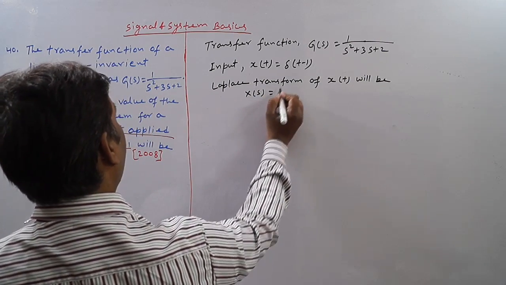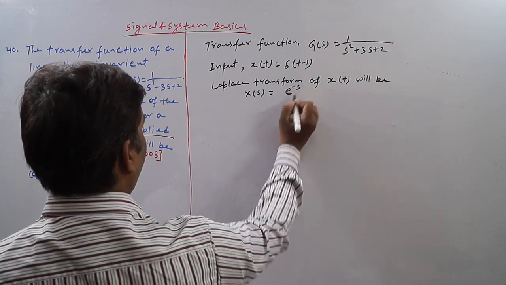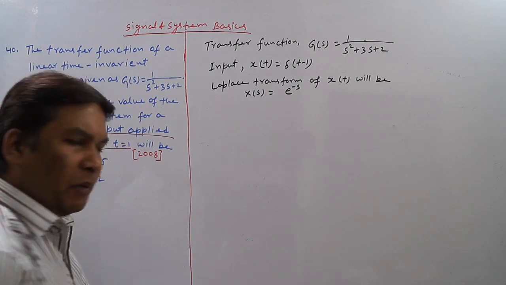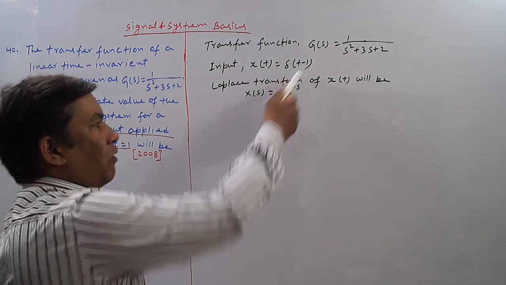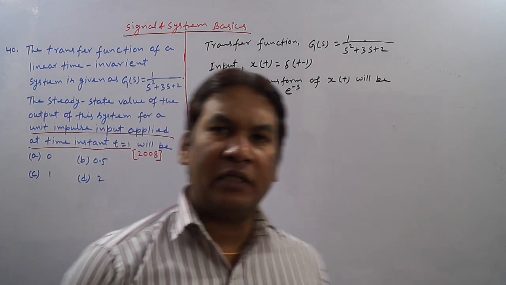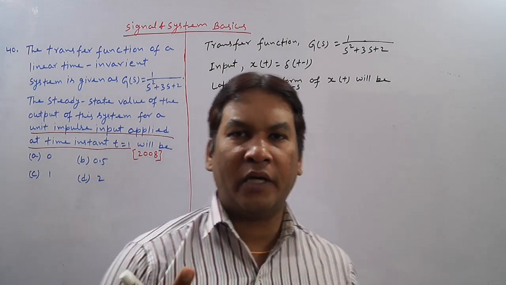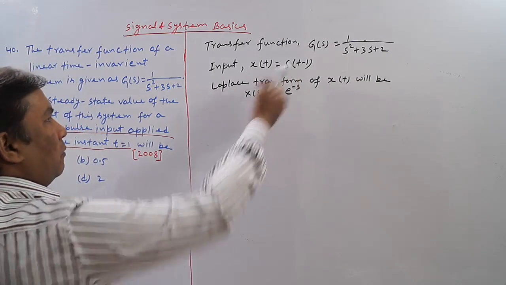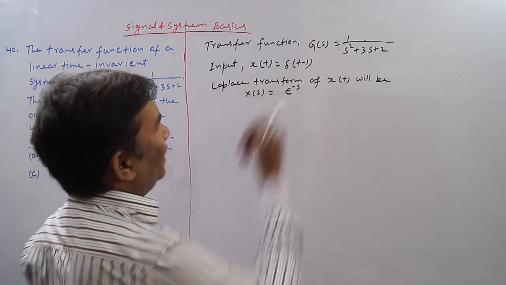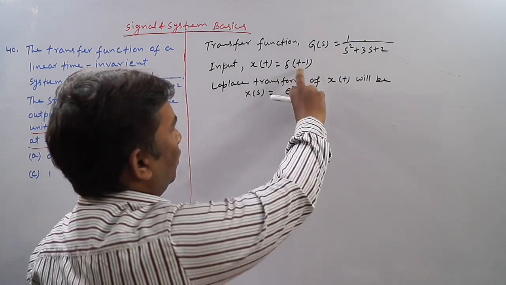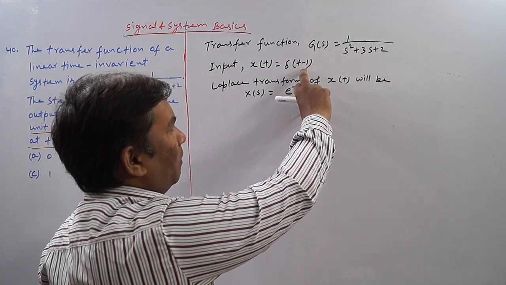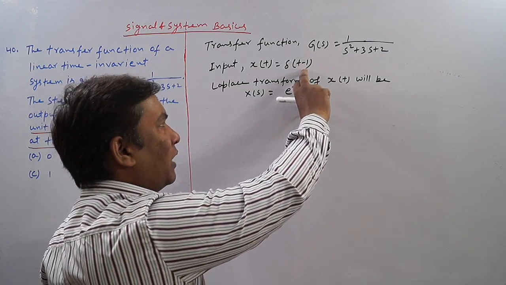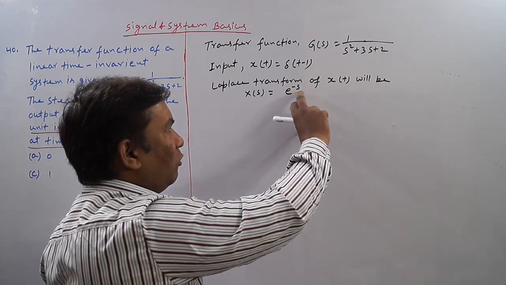This will be X(s) equal to e to the power minus s, only e to the power minus s, because the Laplace transform for delta t, that is impulse function, is equal to 1. But here since it is a delayed impulse function, due to the delay of 1 second, it will be e to the power minus s.